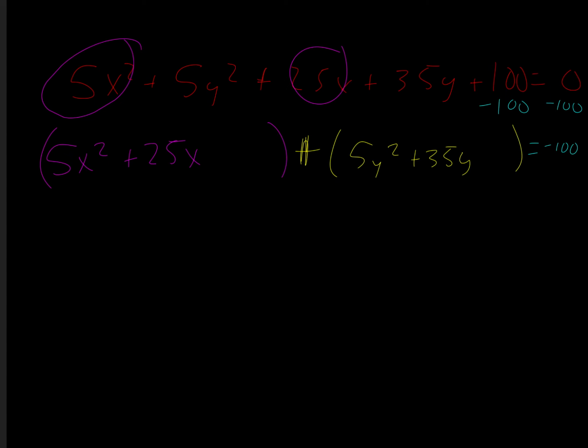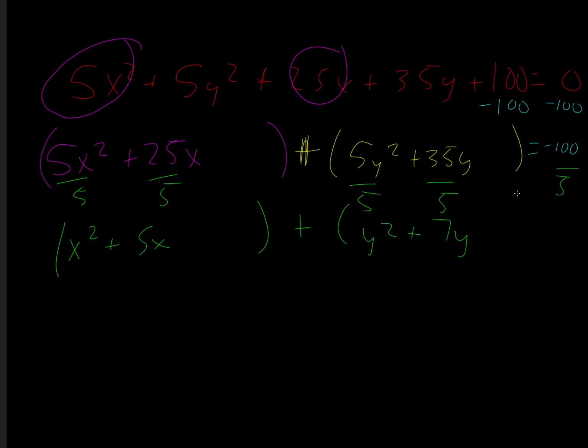Now, what we're going to do is we're going to divide everything by 5. So when we do that, that's just x squared plus 5x, y squared plus 7y, and negative 20.